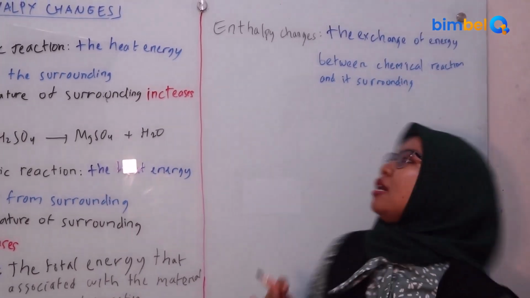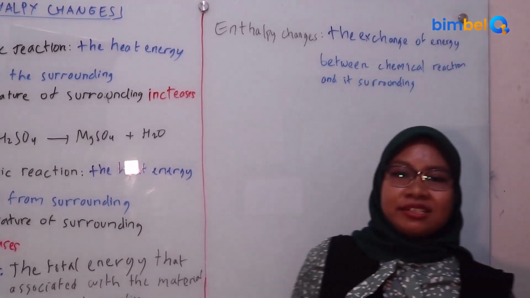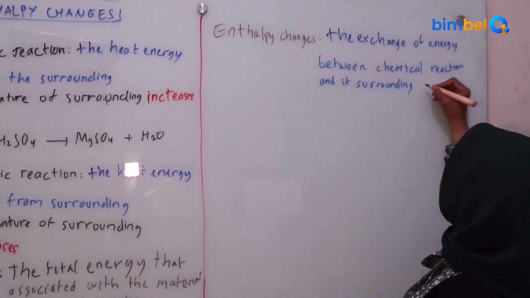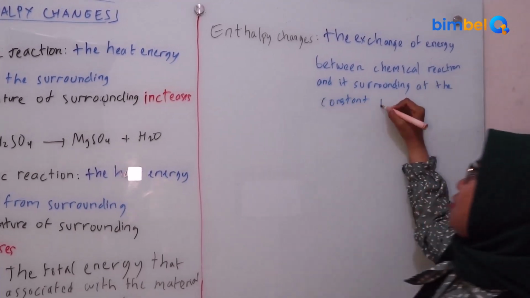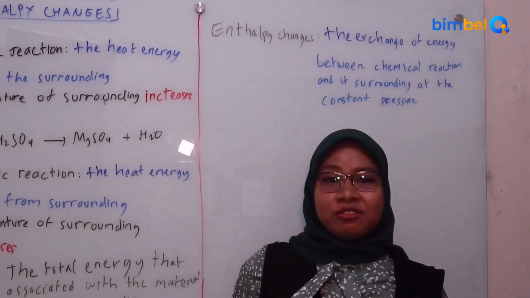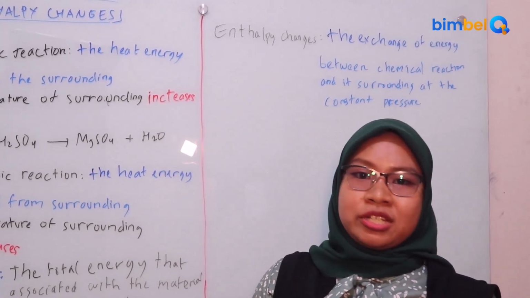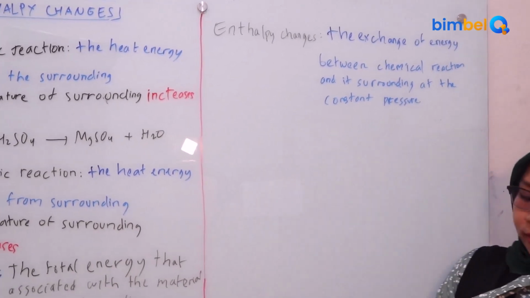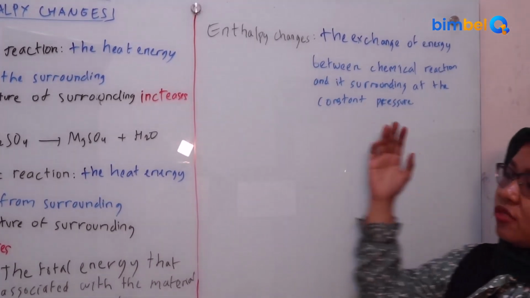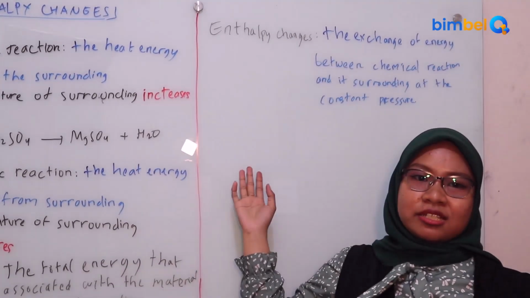And you have to remember that this exchange of energy must be at constant pressure, because when the pressure is different, the energy that is absorbed or released will be different. Okay, and that's the definition of enthalpy and enthalpy changes.